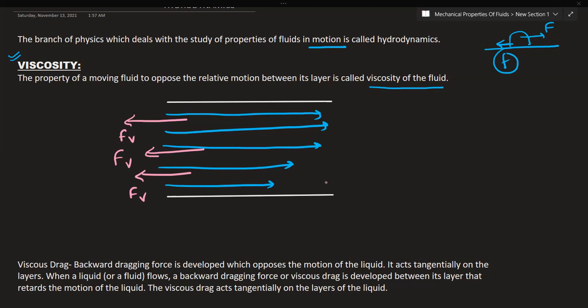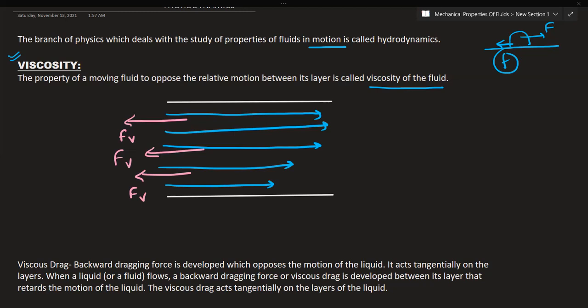So when a liquid or a fluid flows, a backward dragging force or viscous drag is developed between its layers that retards the motion of the liquid, means it opposes the motion. The viscous drag acts tangentially on the layers of liquid. So is viscosity clear to you?